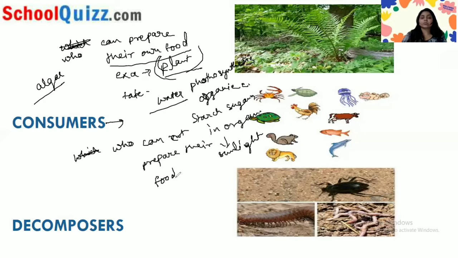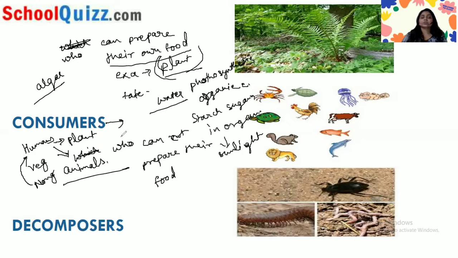Basically they are dependent on others. Like there is vegetarian, there is non-vegetarian. We humans come under the consumers because we depend on plants for food, or on animals for those who are non-veg. So we depend on the plant and also the animal for our food. So we are the consumers.